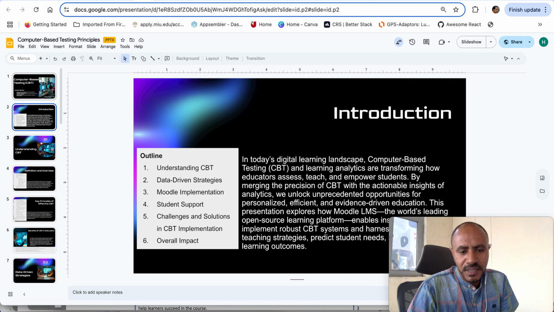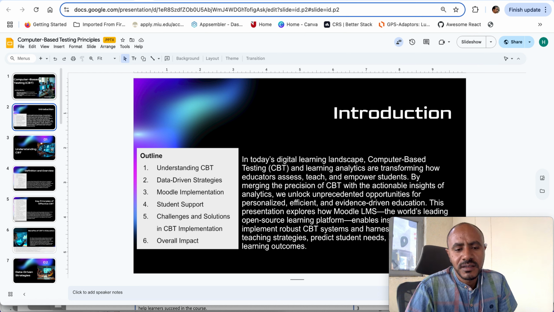And the fifth subsection is about the usual challenges that are faced when CBT sessions are administered. This is following the national exams, regional exams, and local exams administered. We have been able to collect a few lessons learned.